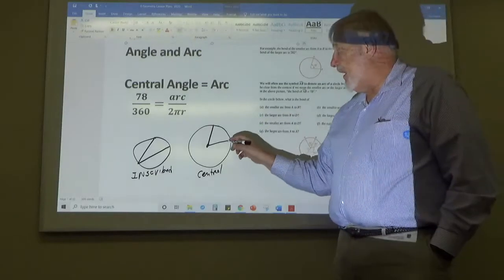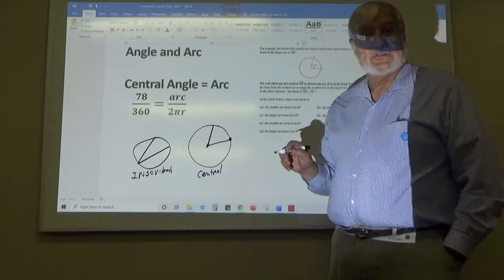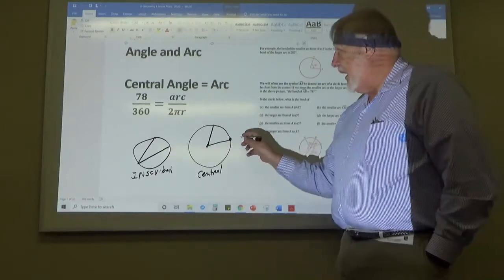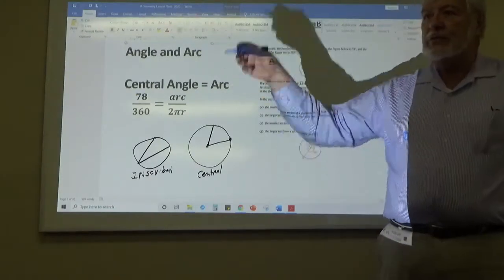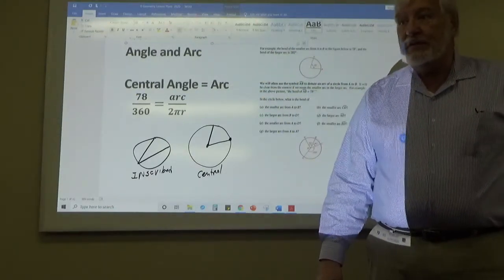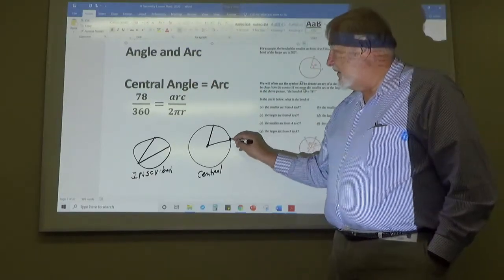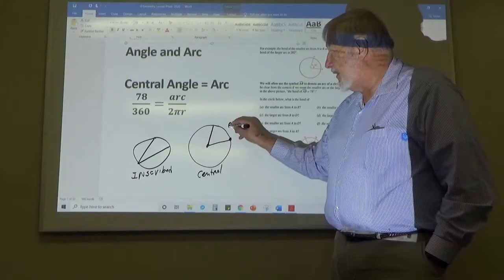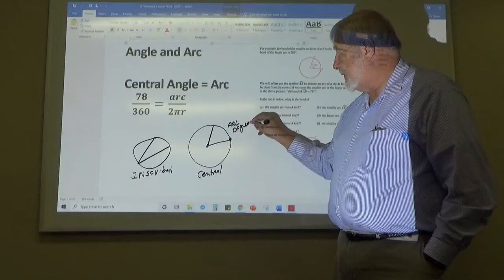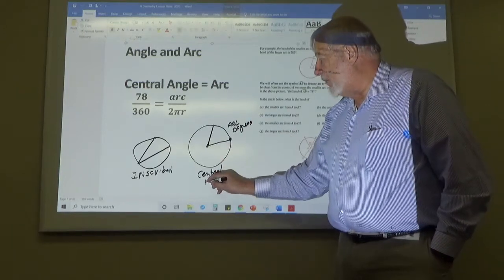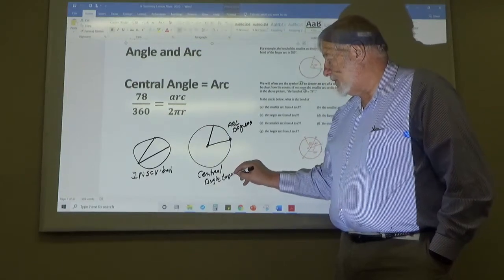Now, it turns out, if you started right here on the edge of the circle and you went all the way around, that circumference would represent how many degrees? If you go all the way around, 360. So the arc degrees and the central angle degrees are the same.